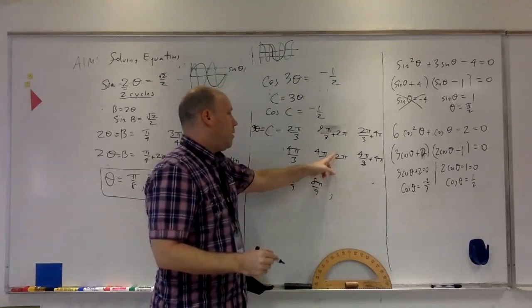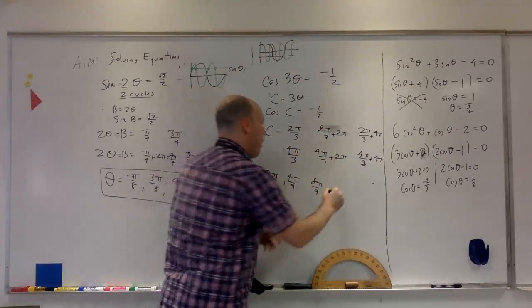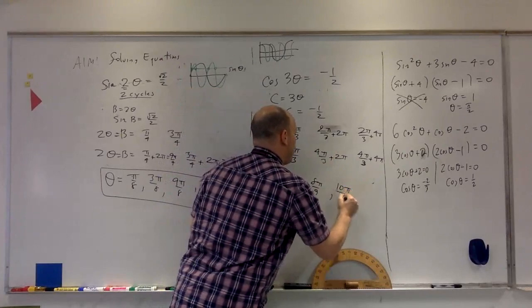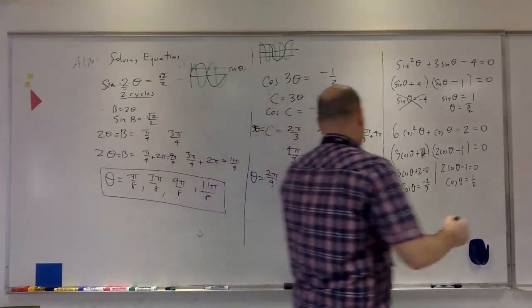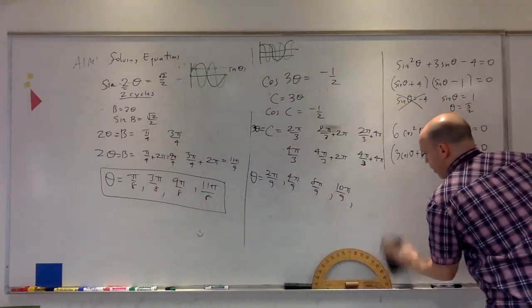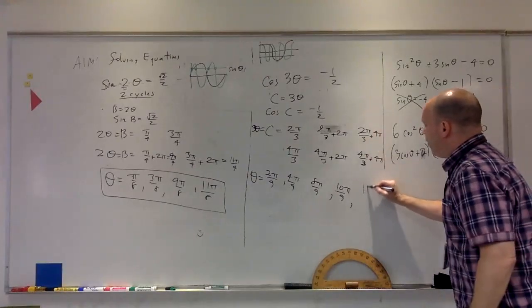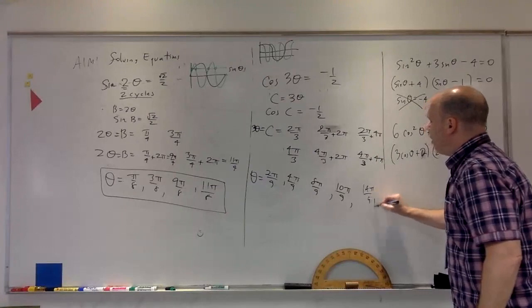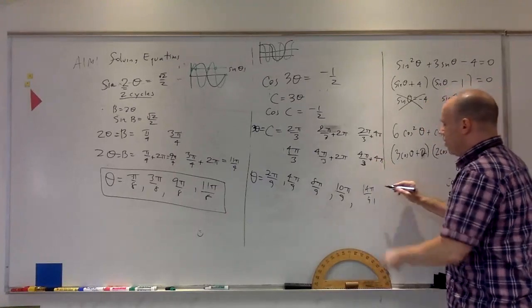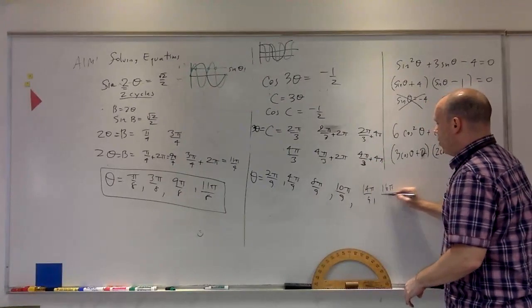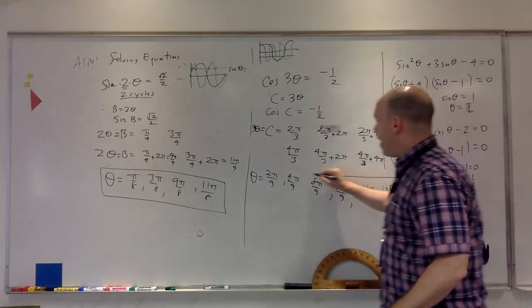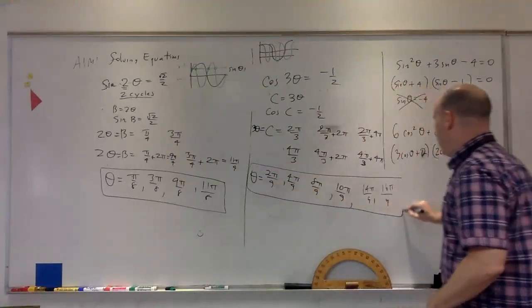What's going on over here? 10 pi over 9. What's going on with my last two? Let's see. 14 pi over 9. What's going on down here? 16 pi over 9. Here are my 6 solutions.